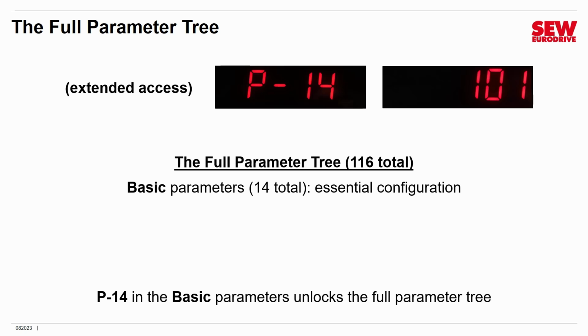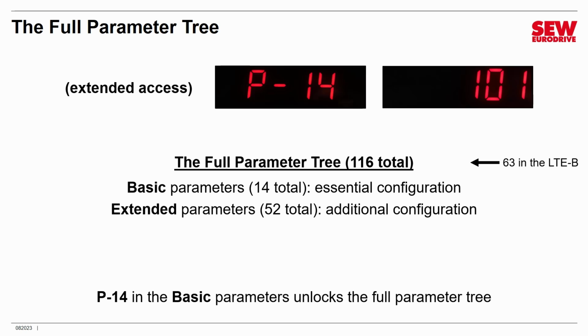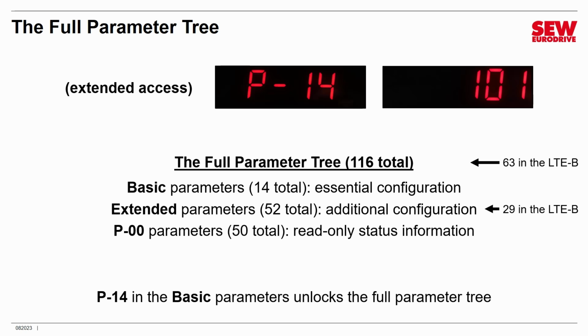It has 116 parameters total. The basic parameters are the first 14. They're used for essential configuration. Then we have what are called the extended parameters. There's 52 of these. They allow you to do additional configuration tasks, including some advanced things. And there's also then a group called the P00 parameters, of which there are 50. These are all read-only. You can't change them. They are status parameters.